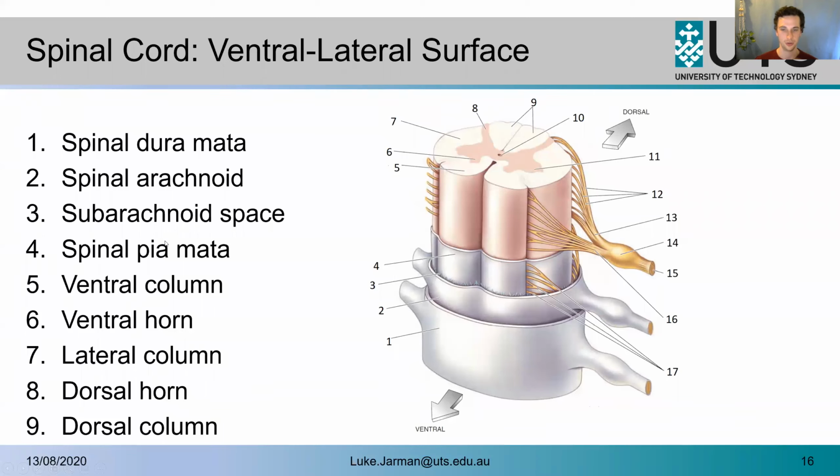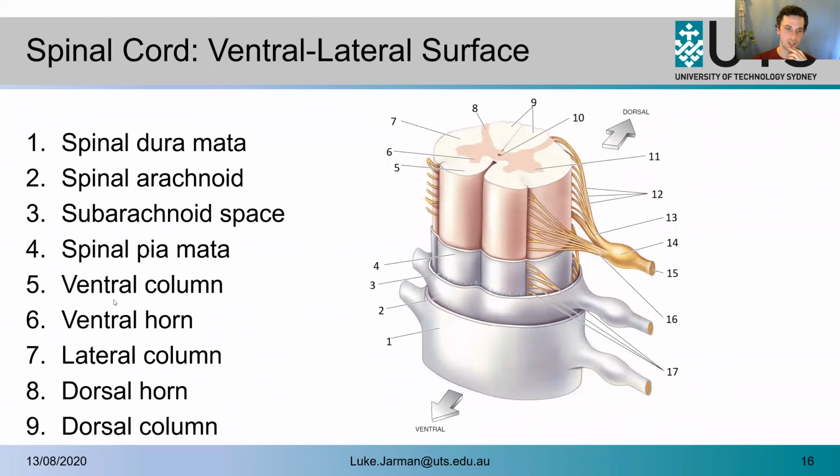Those are your 3 layers of the meninges. They protect your brain and spinal cord, your central nervous system. So that's 1, 2, 3, and 4.